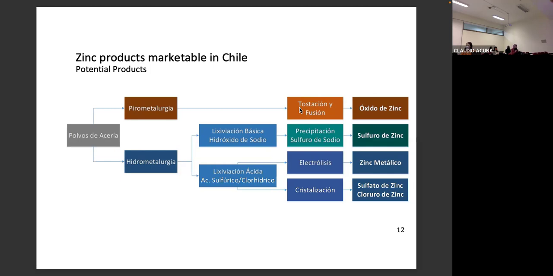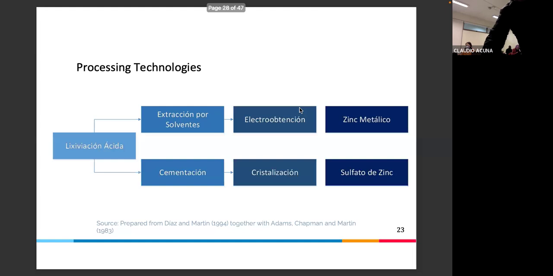Okay? So in this case, we explored different products, and then on the next page, page 13, we have narrowed down the technologies. The technology is not that difficult. In general, we work with solids and solutions. When we start with a solid, we end up with a solution after leaching.